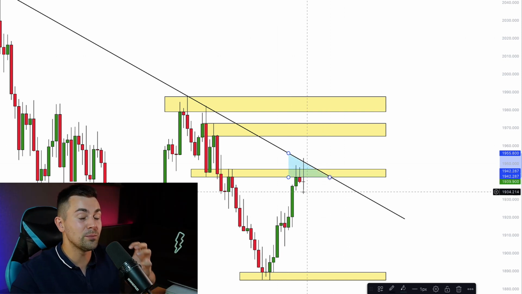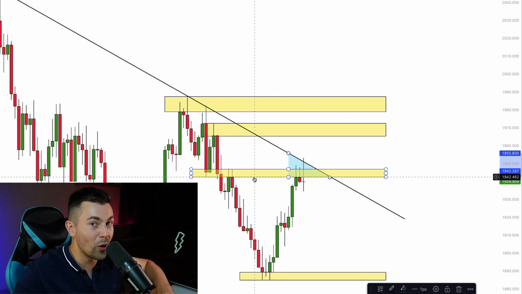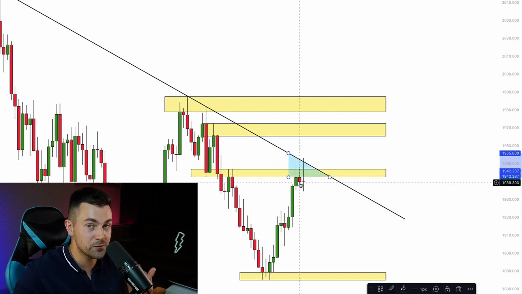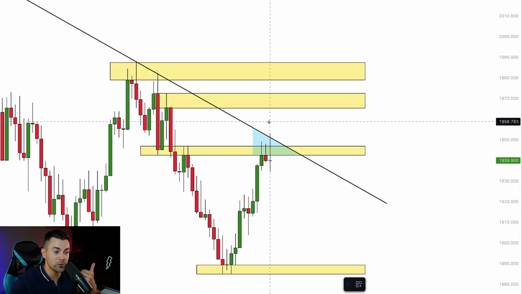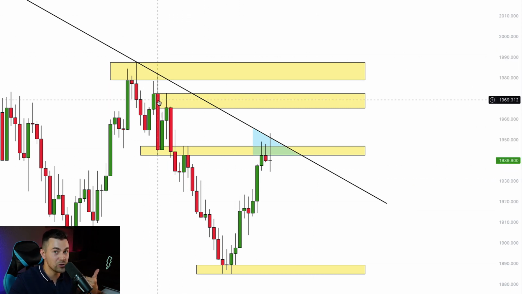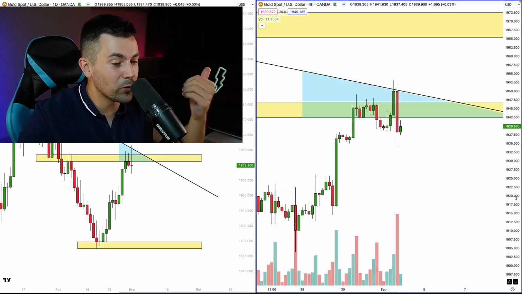The zone based not only on one single horizontal resistance, but also on a major falling trend line. And of course, such a zone will most likely trigger even higher volume activity than just the usual liquidity zone. Take a look at the 4-hour time frame.